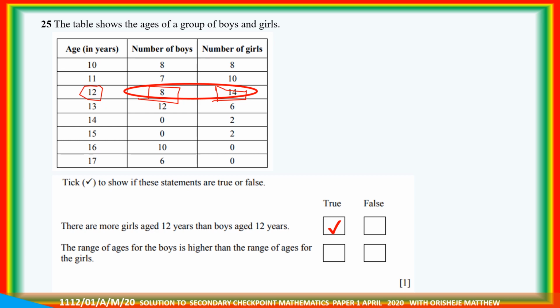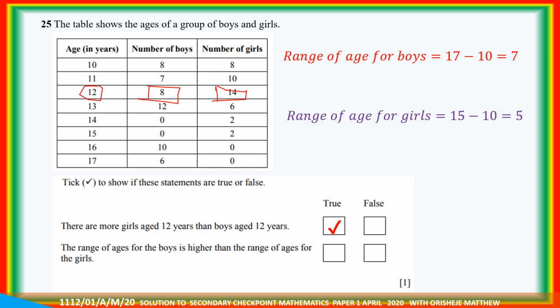That's why you have 0, 0 here. So the age range for girls is from 10 years to 15 years. So the range of age for boys is higher than the range of age for girls. So it's also correct. All right, let's go to the next question.